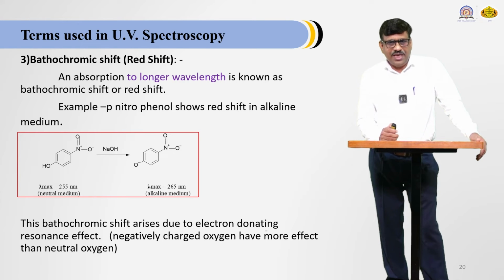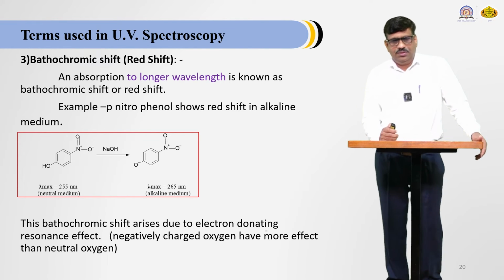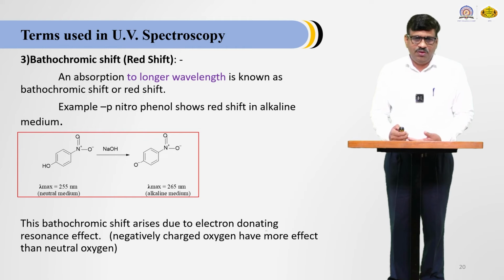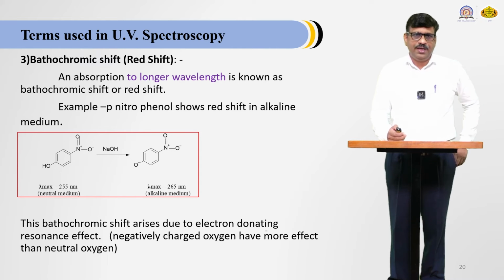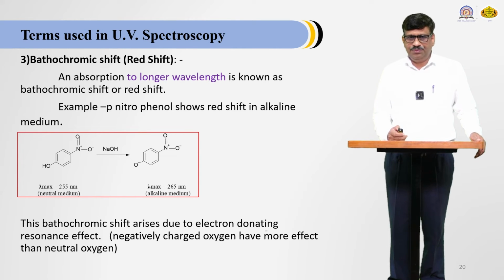This bathochromic shift arises because of the electron donating capacity of OH and O minus. As compared to the OH group, negatively charged oxygen is able to give electrons more easily. That is, delocalization of negative charge is more effective in the second case, and because of that bathochromic shift arises.